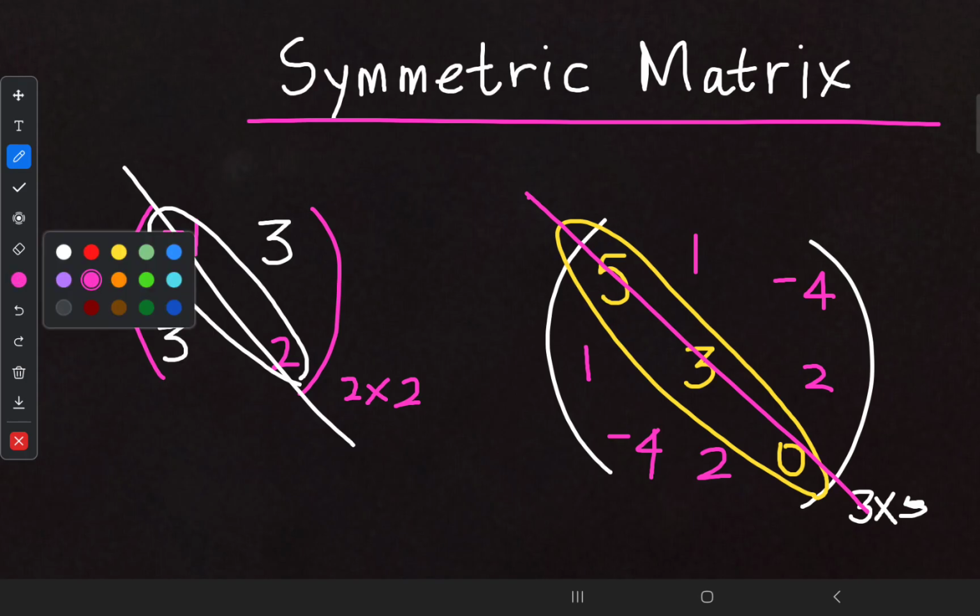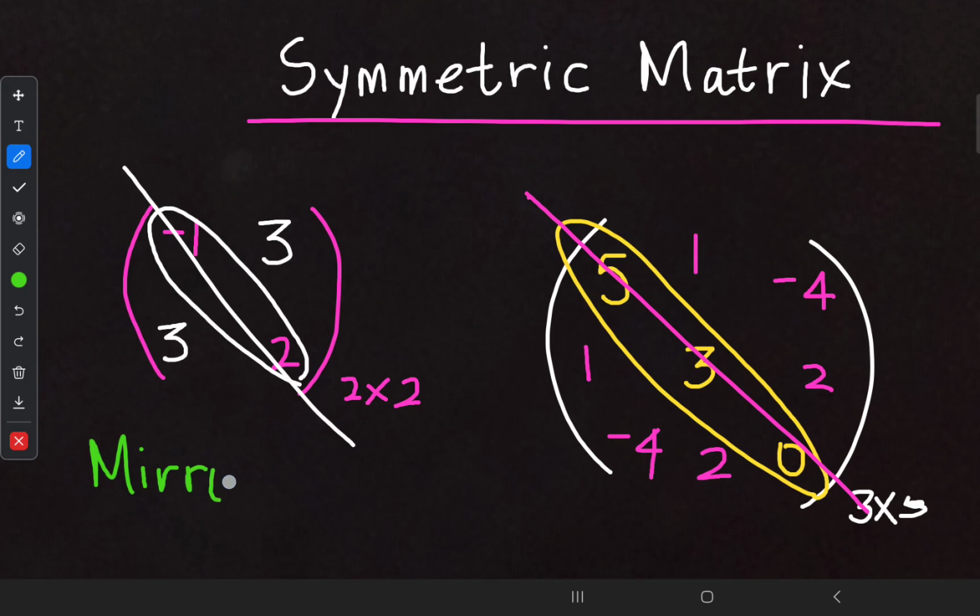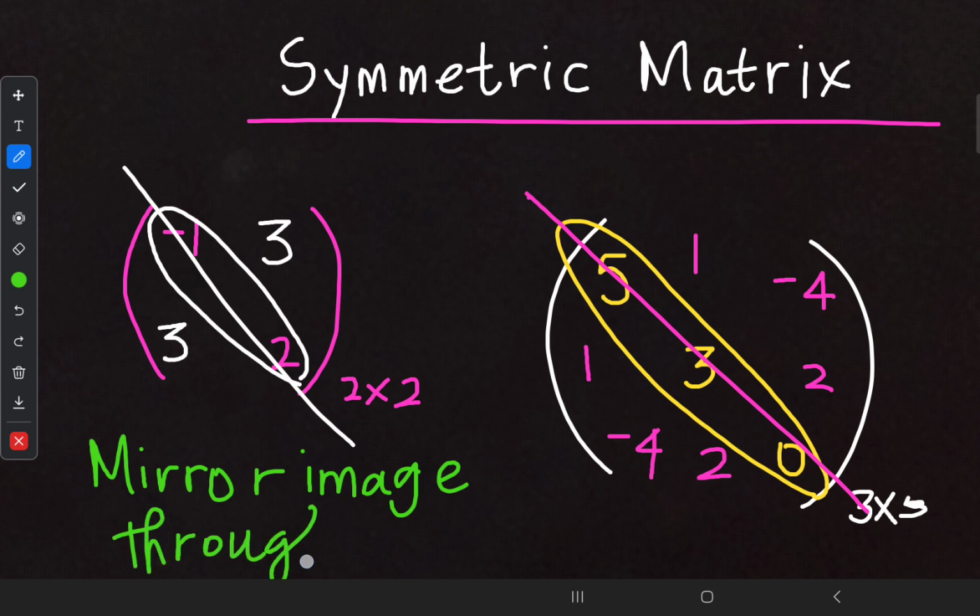This is the explanation for symmetric matrix. The main diagonal can hold any values. There is no restriction. The mirror image through the main diagonal should be symmetrically aligned.